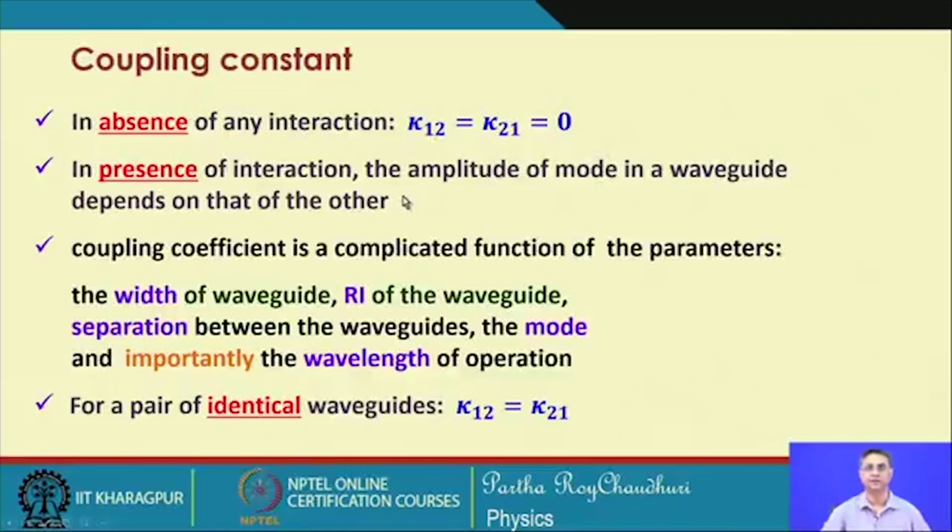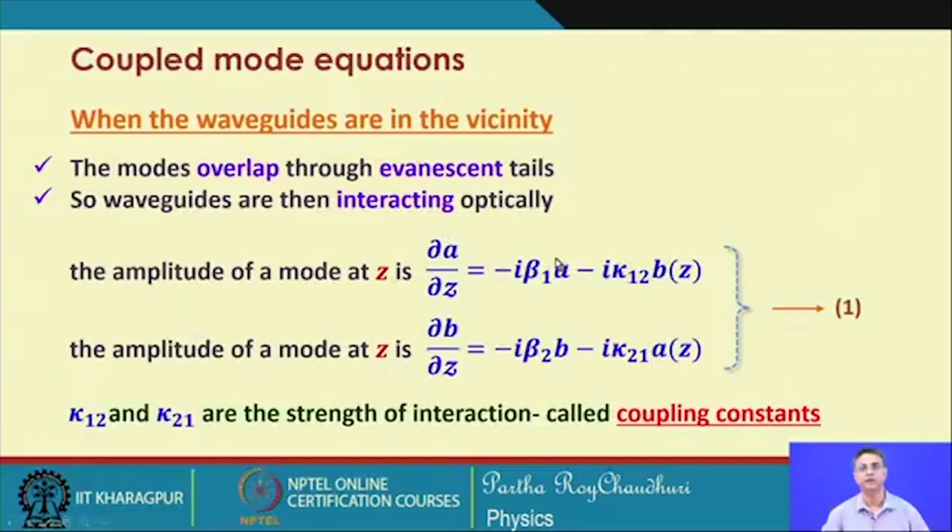But in the presence of interaction, the amplitude of the mode in a waveguide depends on a few other parameters involved in this configuration, particularly on that of the other waveguide. The amplitude of the field in one waveguide depends on itself as well as the field in the other waveguide. You can make out from here that the z-dependent amplitude depends on the amplitude in this waveguide and also on that of the other waveguide through the coupling constant.